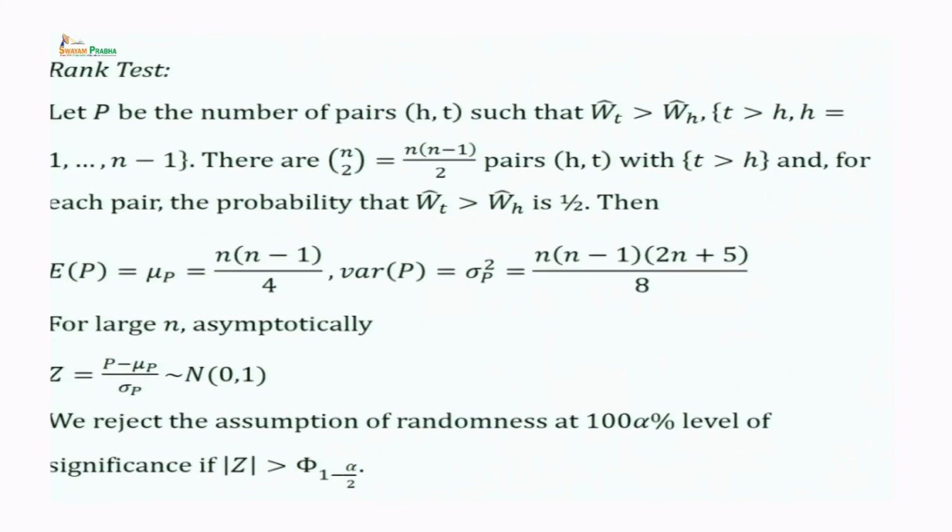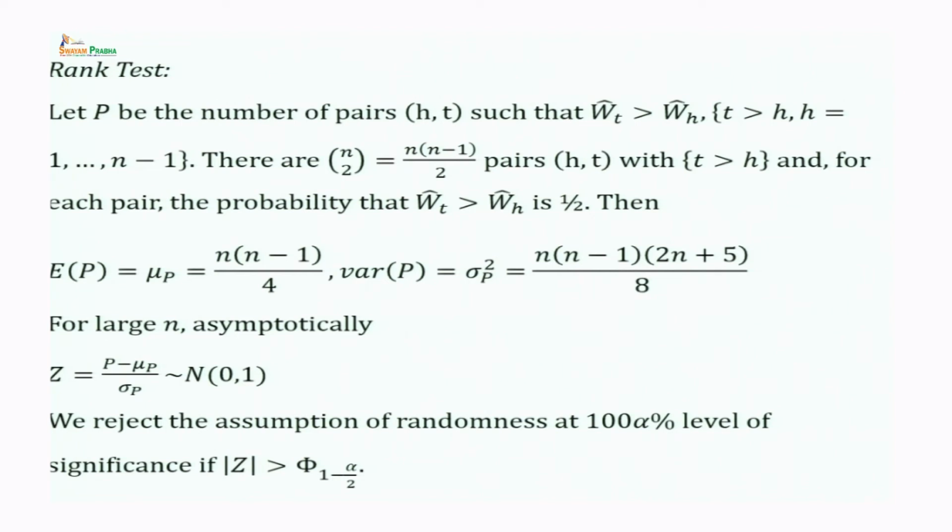The next one is the rank test. Suppose P is the number of pairs h, t such that W hat t is greater than W hat h for all t greater than h and h equal to 1 to n minus 1. Then finally, you have actually nC2 pairs of h, t with t greater than h, and for each pair the probability that W hat t is greater than W hat h is 1 by 2.